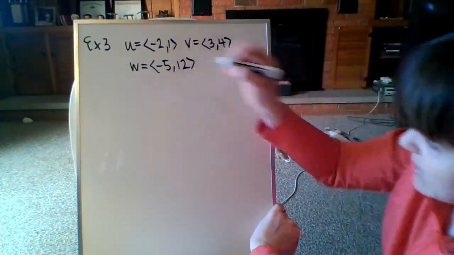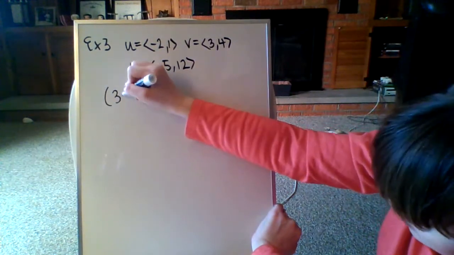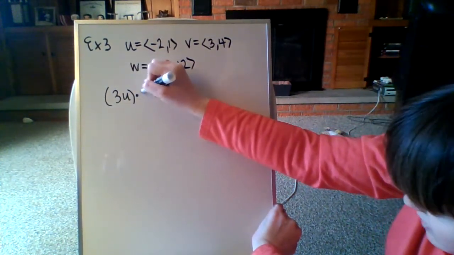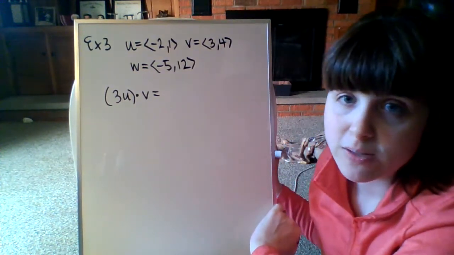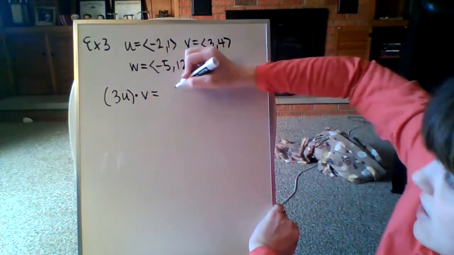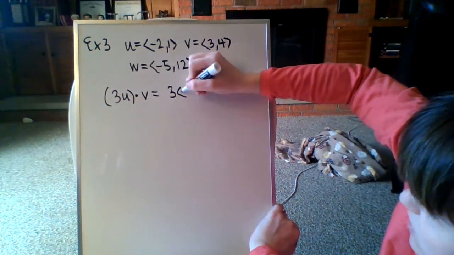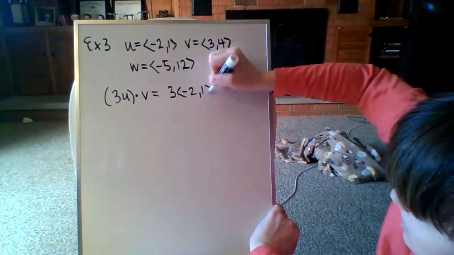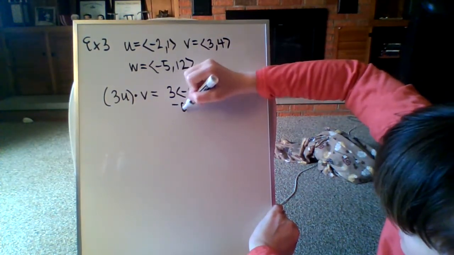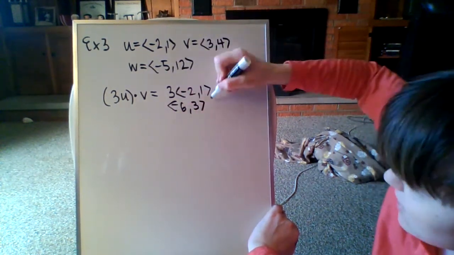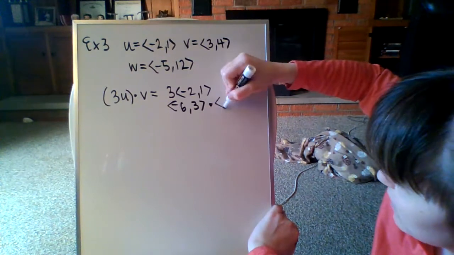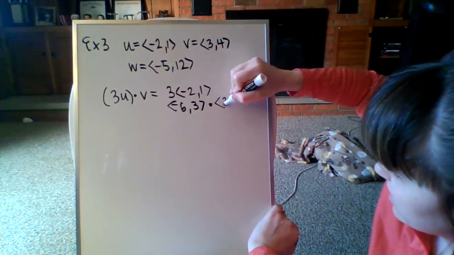The problem is 3 times vector u, and then the dot product with v. You do what's in the parentheses first. So 3 times vector u is (-6, 3). Then we take the dot product with vector v, which is (3, 4).